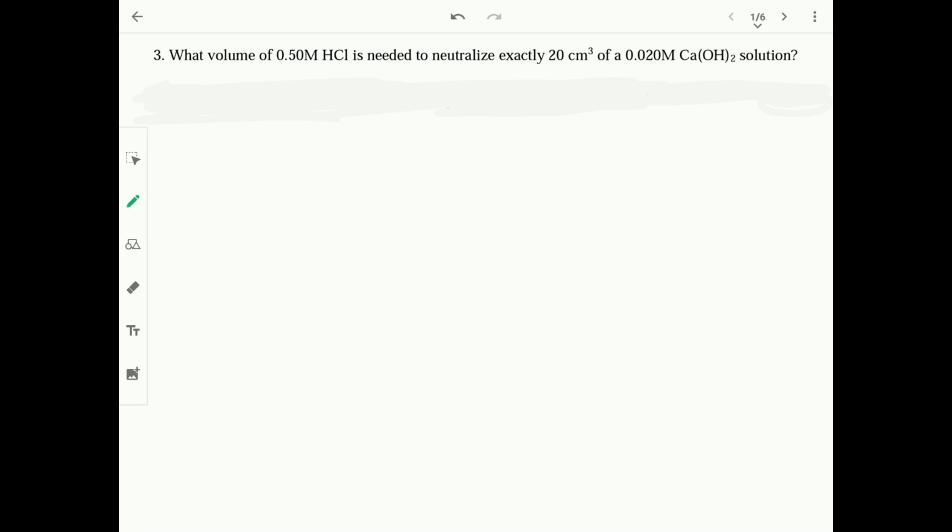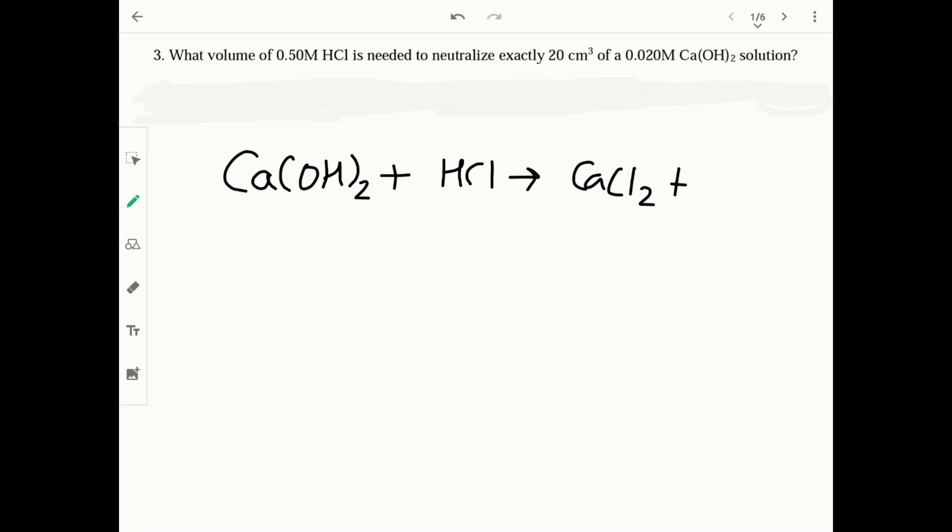Let's first write the equation that's going on. So we have Ca(OH)2 plus HCl to give CaCl2 plus H2O. Is this balanced? Definitely not. So we have to put a 2 here, and then you have to put a 2 here as well. Now this is balanced.